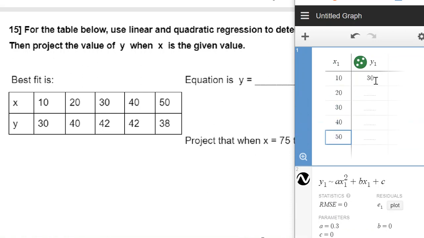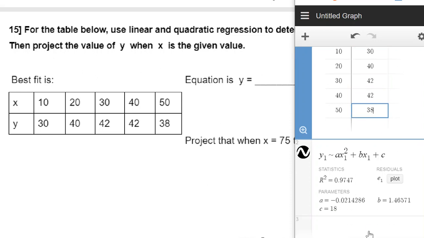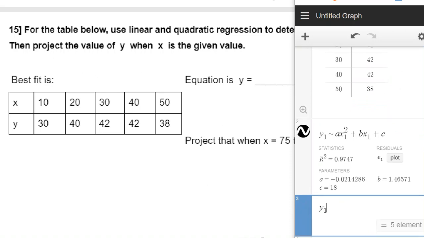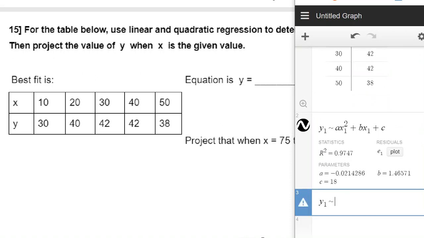Maybe this was the same numbers. All right, so that is our numbers, and this is our quadratic. And then this y sub 1 tilde mx sub 1 plus b.